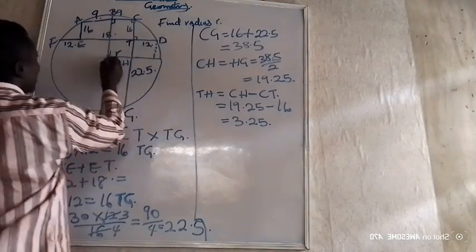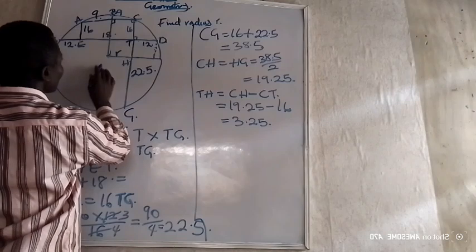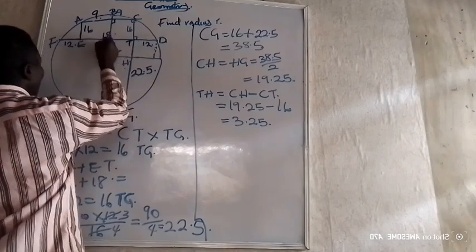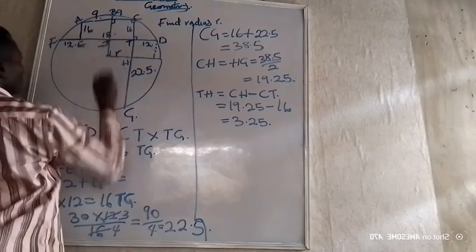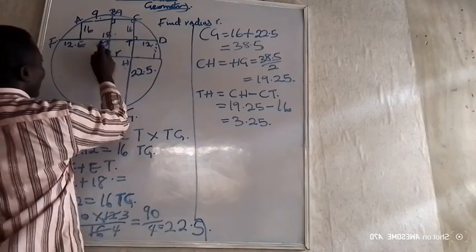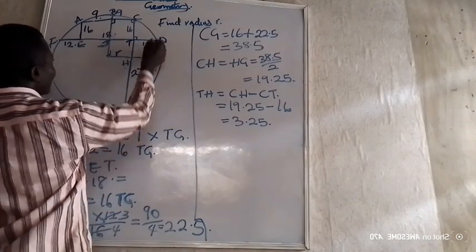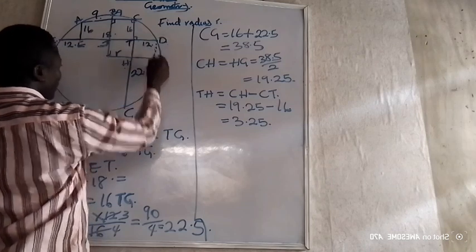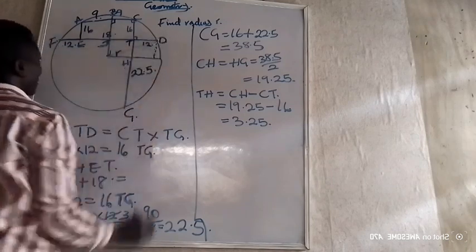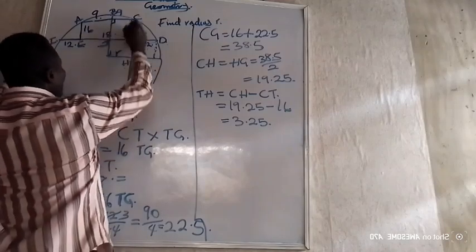Let me make this place J. You can see, so let's make it like this, JD, and we have gotten TH. So R can be from here to here, or from here to here.